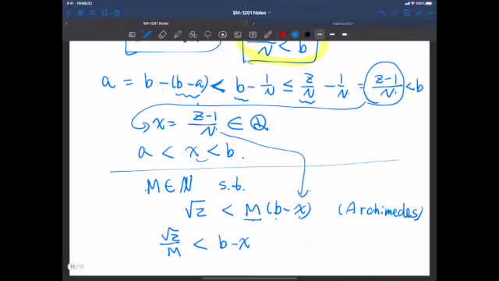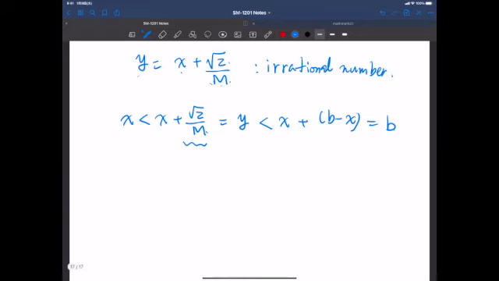Right? So square root of 2 divided by m is less than b minus x. So we have this inequality, and therefore we have x is less than y, which is less than b. But we have shown that x is greater than a. So that means y is between a and b. So the proof is done.